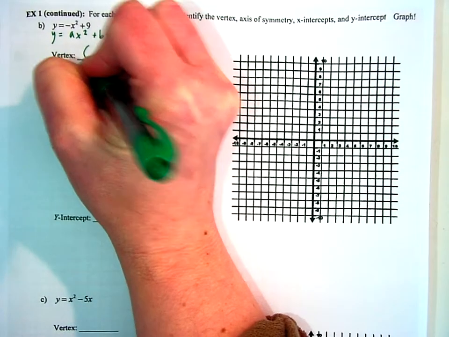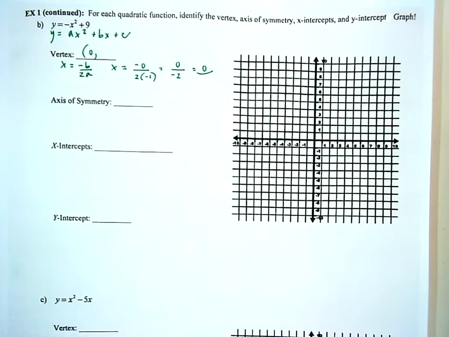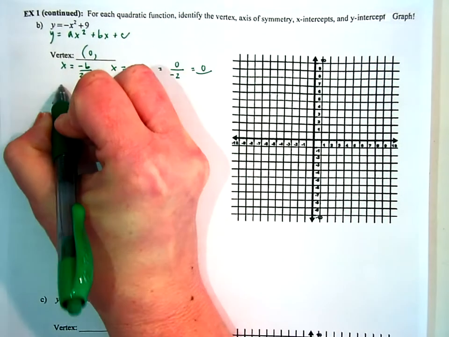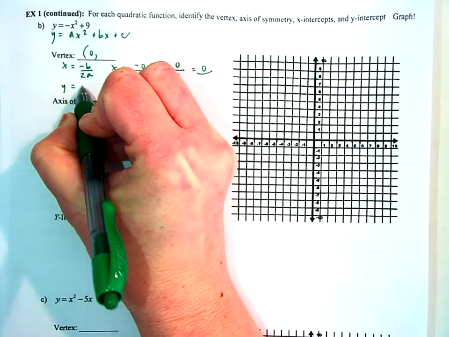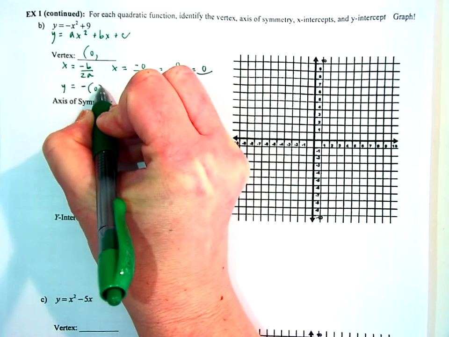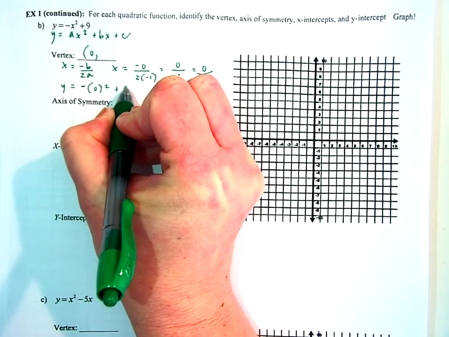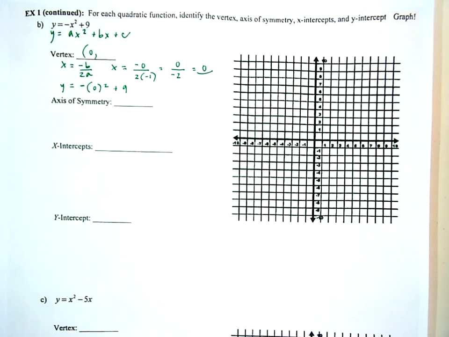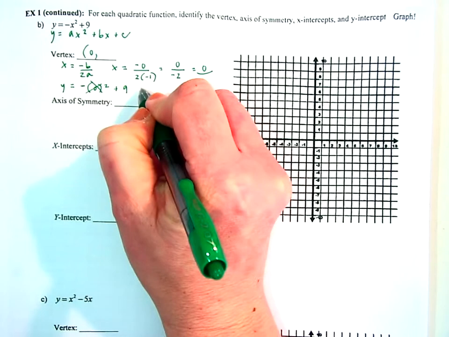So the x-coordinate of my vertex is at 0. Now I have to find my y. So if I plug in a 0 for the x, so -1 times 0 squared plus 9. Well, 0 squared is still 0. 0 times -1, still 0. So I end up with a y value of 9.